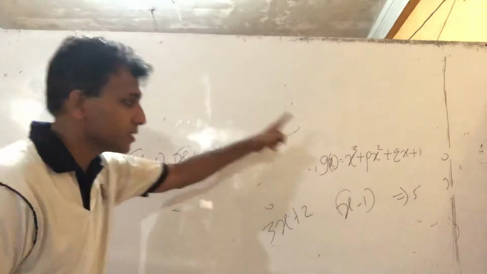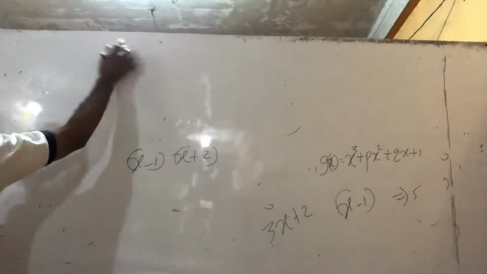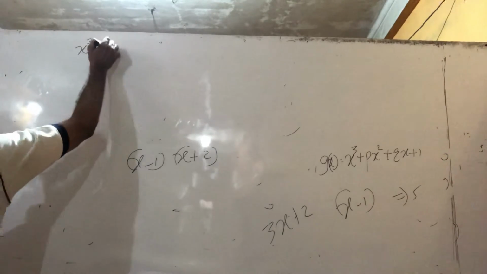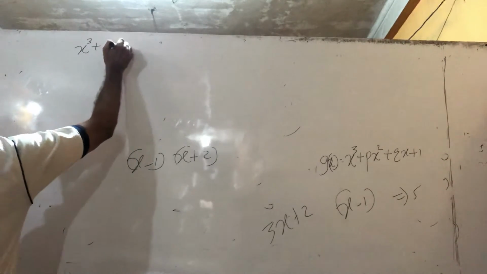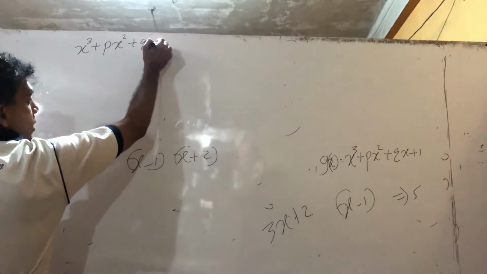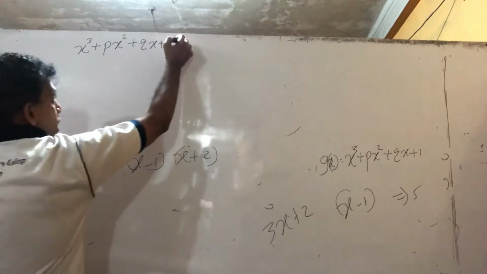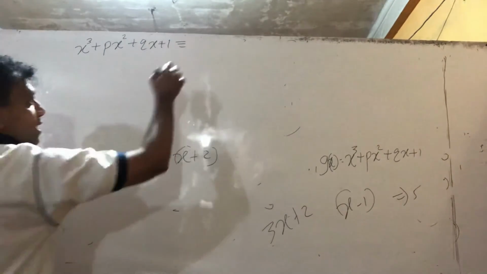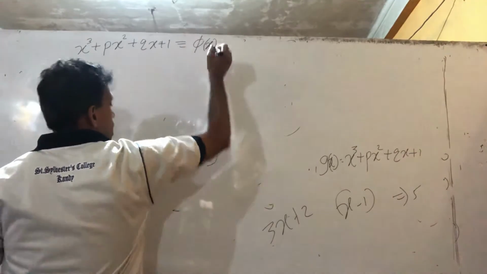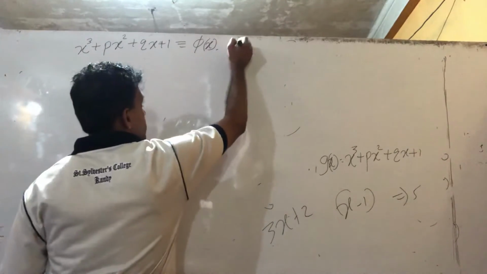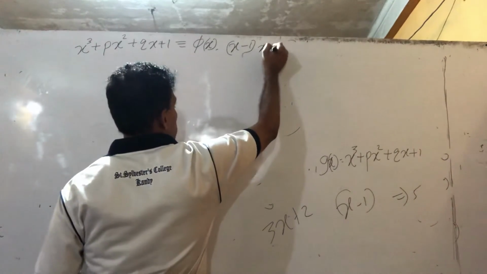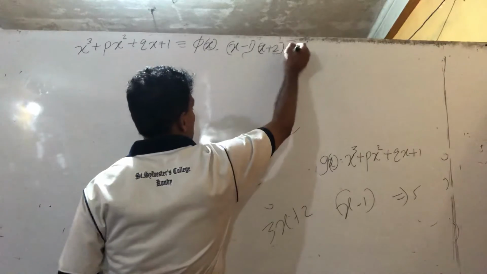Let's write this. x³ + px² + qx + 1 is identically equal to the answer times the divisor, plus the remainder.